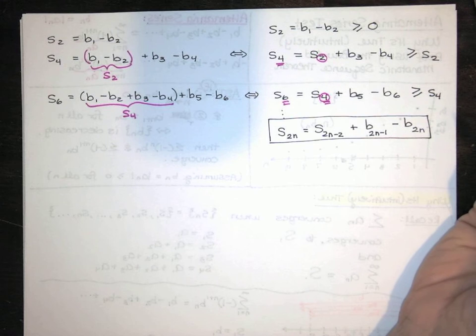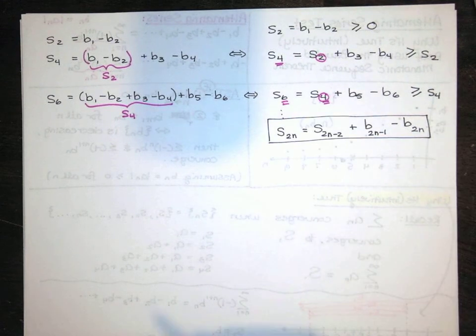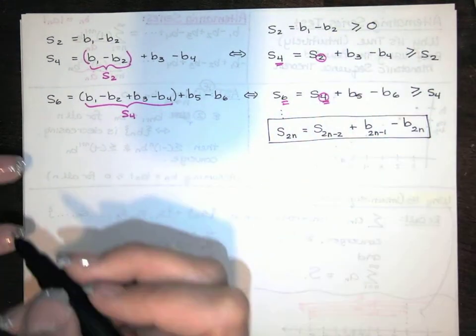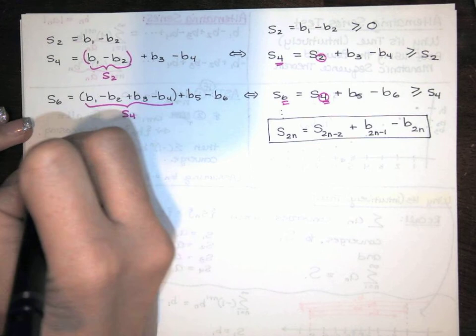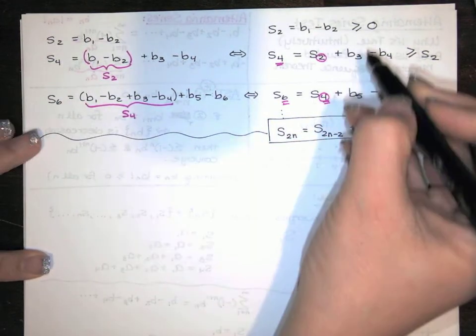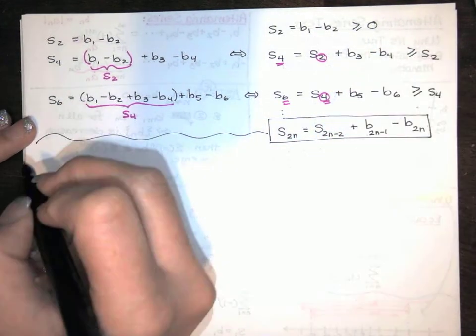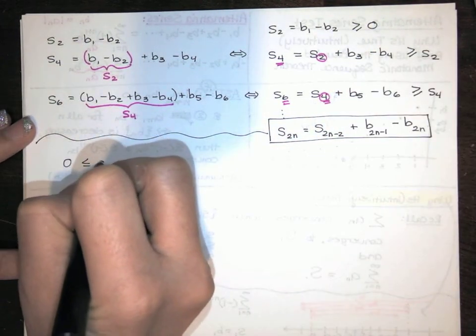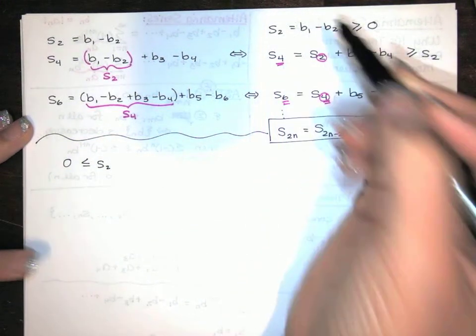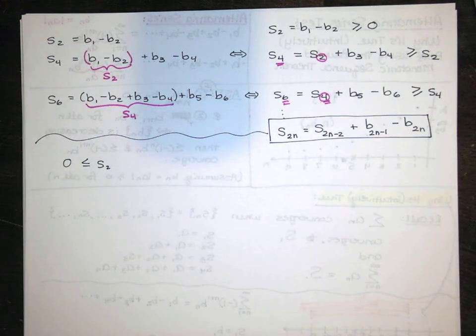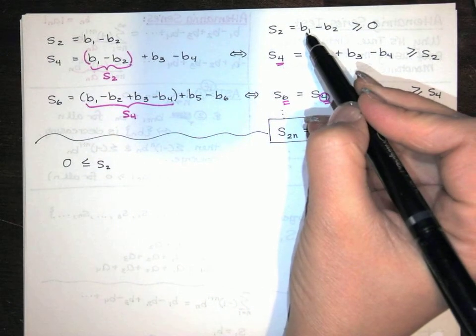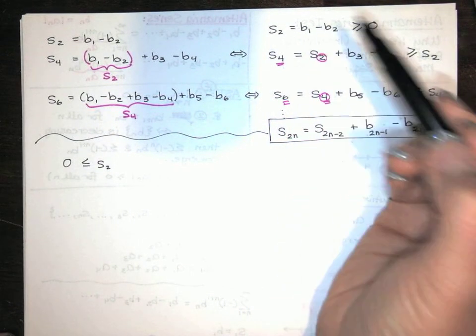What's happening here? Well, this shows us something. Let's write down an inequality. 0 is less than or equal to s sub 2, because b sub 1 and b sub 2 might be the same, but most of the time b sub 2 is less than b sub 1, so I subtract and I get a positive number.